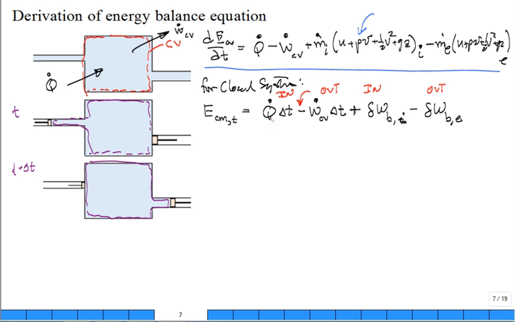Okay, so from our initial amount of energy in the control mass, there could be some gain by heat transfer in, some loss by work transfer out, some gain by the boundary work pushing in, some decrease or out by the boundary work going out. And then you have the very last, energy in the control mass at time t plus delta t.